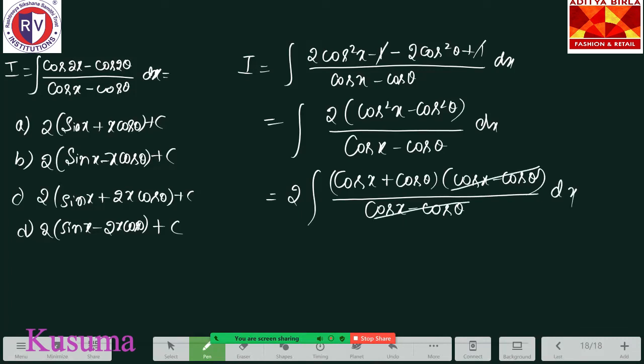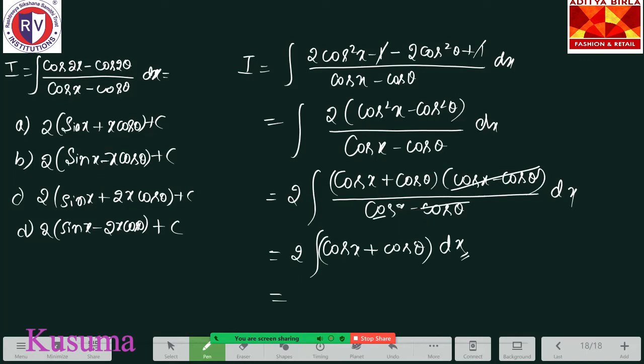This term in the numerator and the denominator cancels to give us 2 into integration cos x plus cos theta into dx. Okay. So here, since the integration is with respect to x, cos theta will be considered a constant.